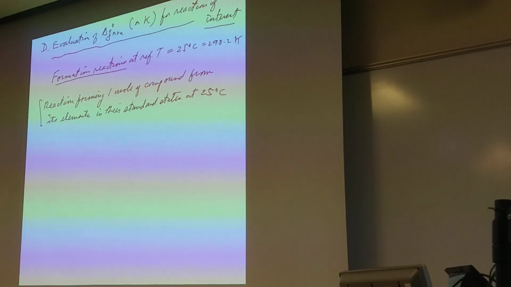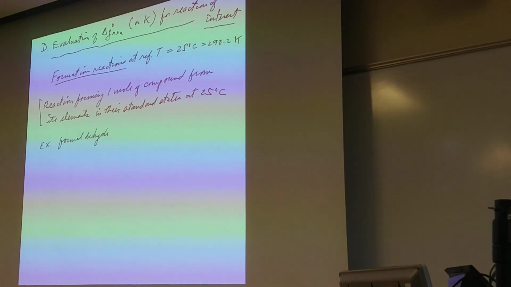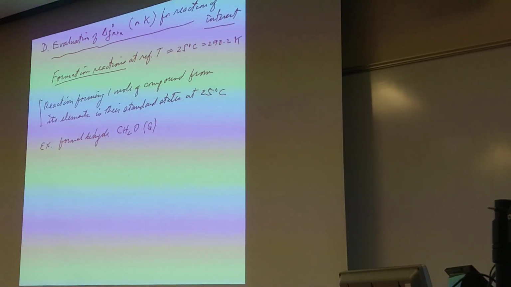And these are tabulated for many reactions. Let's just say here for an example, for formaldehyde, that compound is CH2O, and we note that it is a gas in its standard state. So the formation reaction would be form it from its elements, each in their standard state.